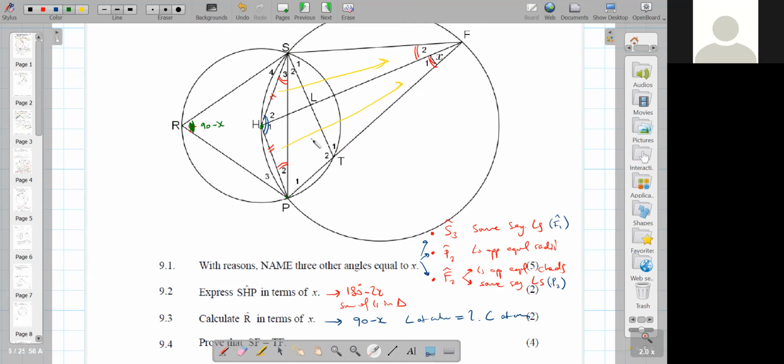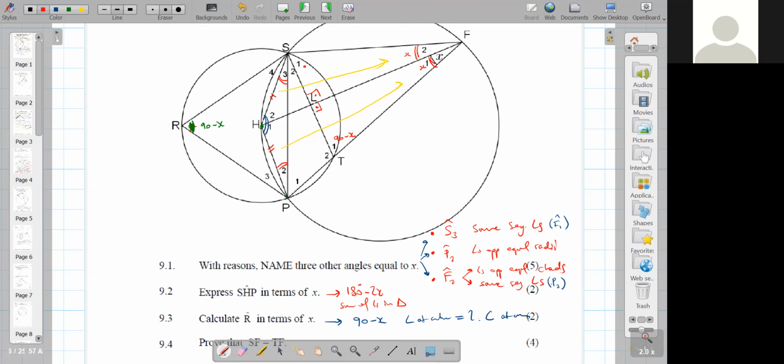Now, looking at the cyclic quadrilateral, T1 is same as R. So that's exterior angle of cyclic. So then I can tell you this is 90 minus X. So since these are X and these are X, it actually helps a lot. If this is 90 minus X, this is X, the angle at L must be 90.